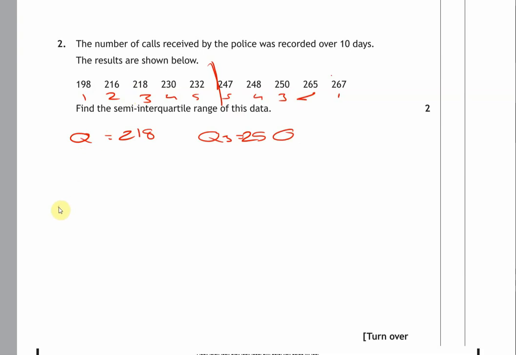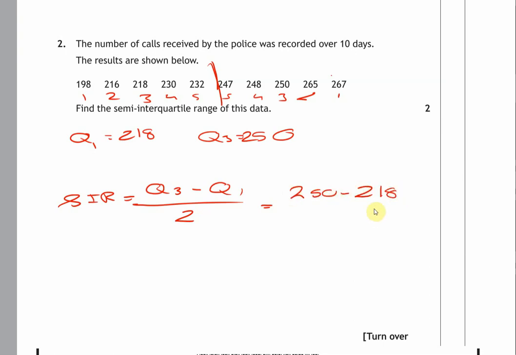So we know that the semi-interquartile range is going to be the value of Q3 minus Q1 divided by 2. So we can do 250 minus 218 divided by 2, and that will give us a value of 16. And that's how you would go about finding the semi-interquartile range of this data set.